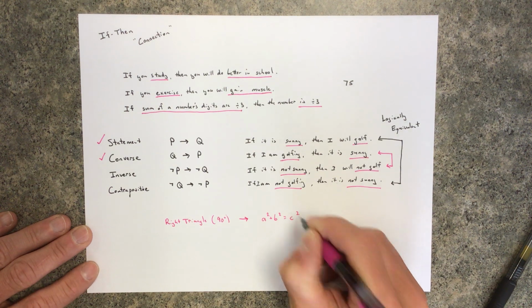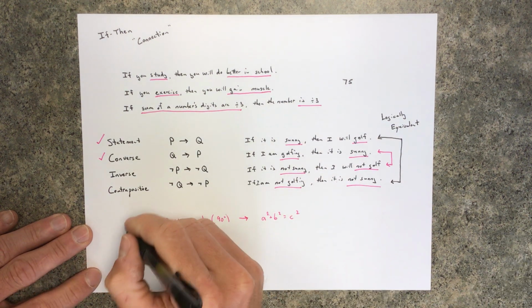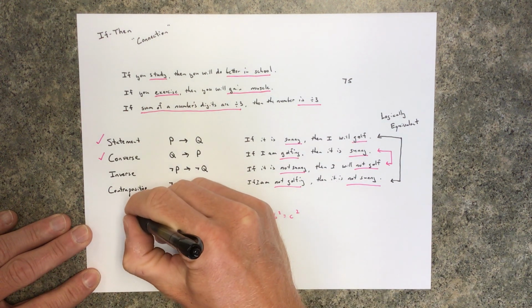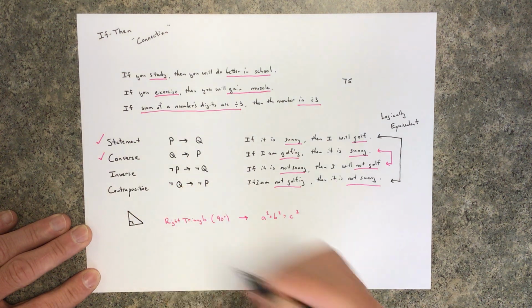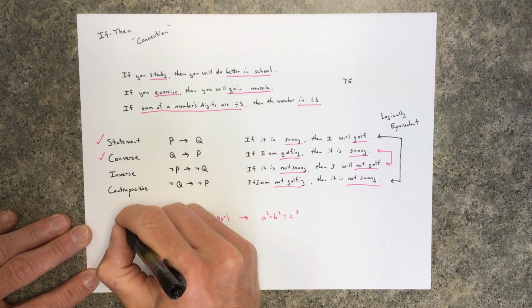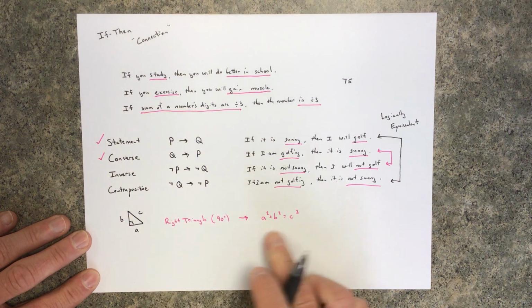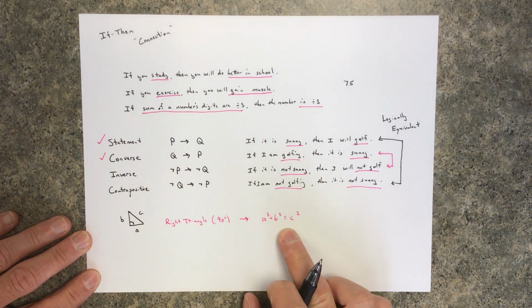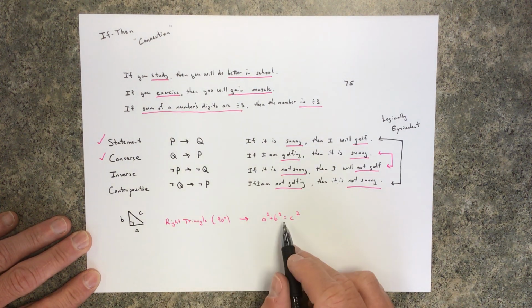That's the Pythagorean theorem. It says, hey, we've decided that if you have a right triangle, then we know the relationship between the legs and the hypotenuse is this. If this, then this, right? This is P and this is Q.